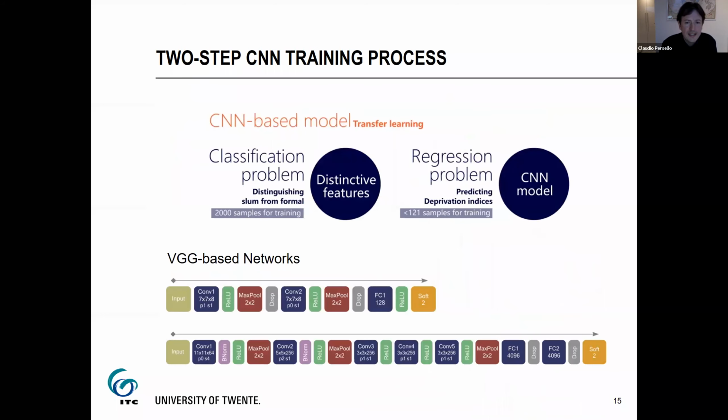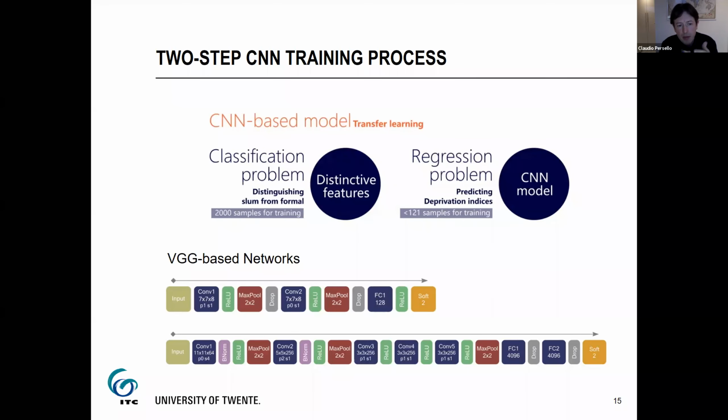So how did we take advantage of that? As I said before, it's very difficult or almost impossible to train a CNN to predict the socioeconomic index on the basis of just 121 samples. So what we did is we first pre-trained the CNN model on the problem of classifying patches as either being slums or not, using the larger set of samples, the delineated slum boundaries.